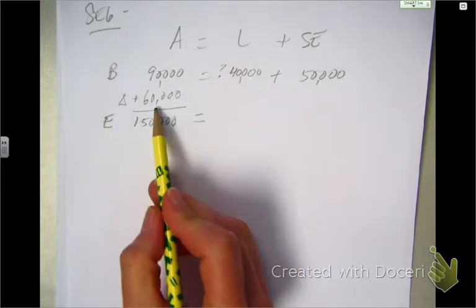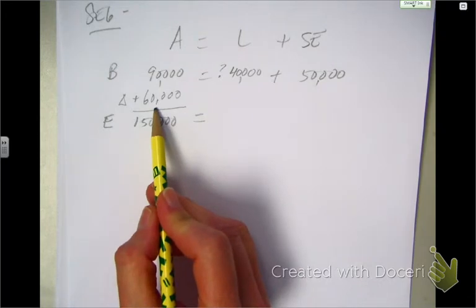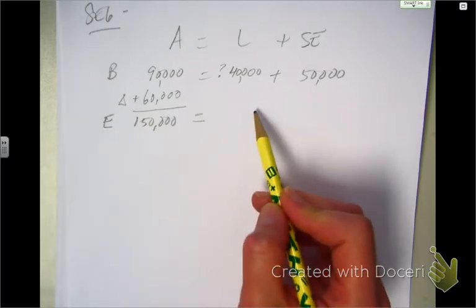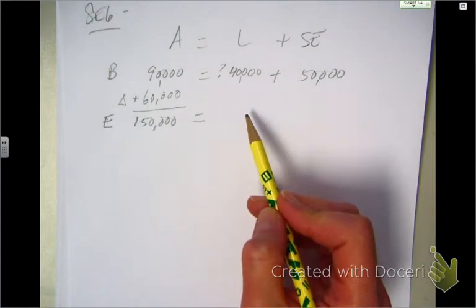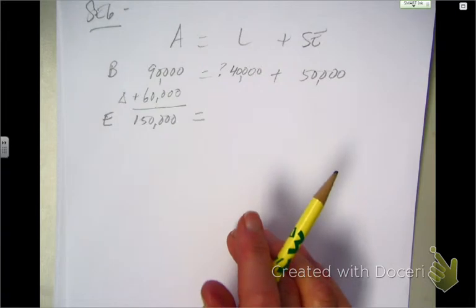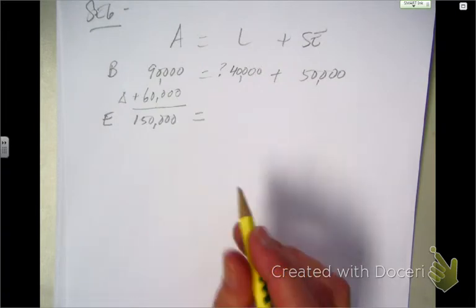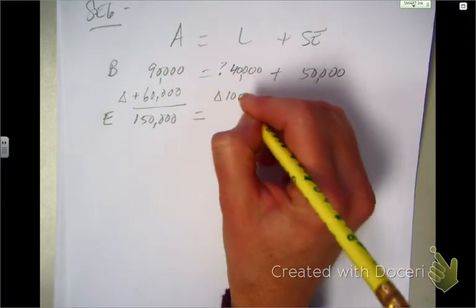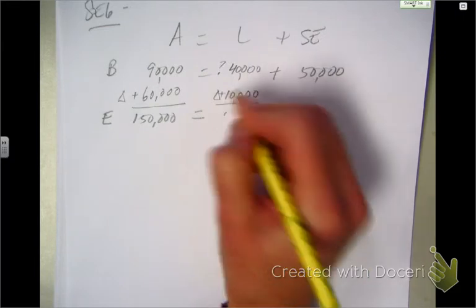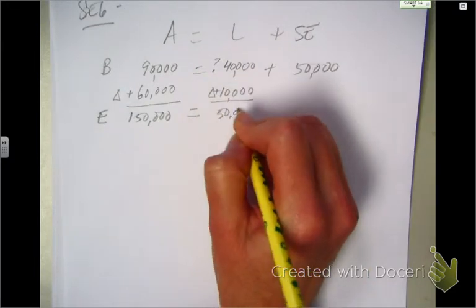So if this side of the accounting equation changed by 60,000, what has to happen on this side of the accounting equation? Has to change by 60,000, right? So we know that. During the year, assets increased by 60 and liabilities increased by 10. So their liabilities went up by 10. So the liabilities were 50,000.